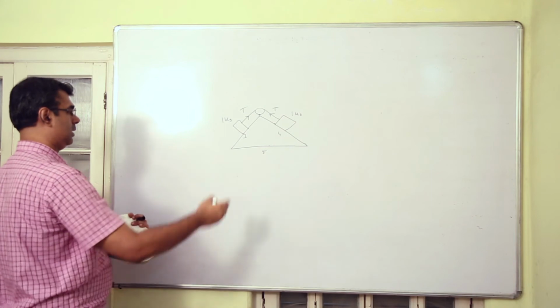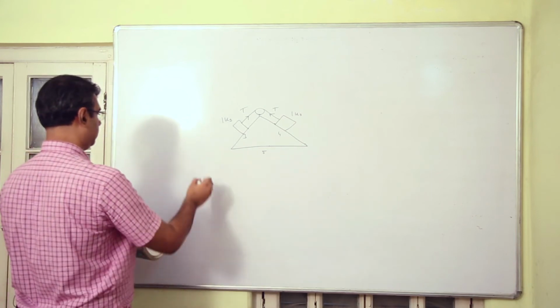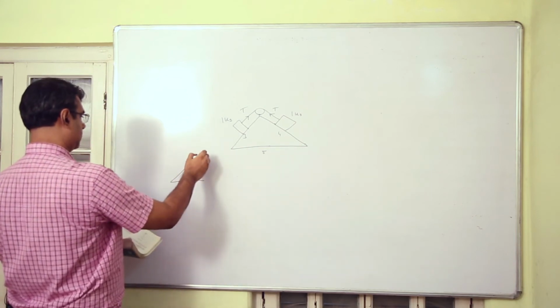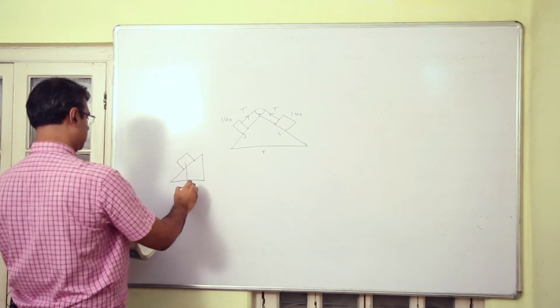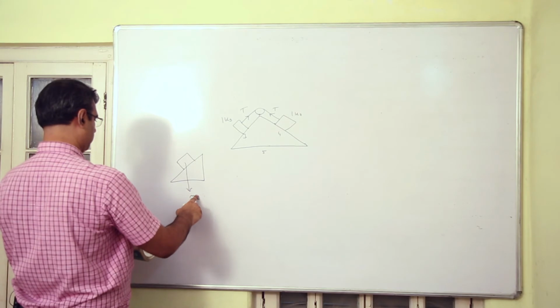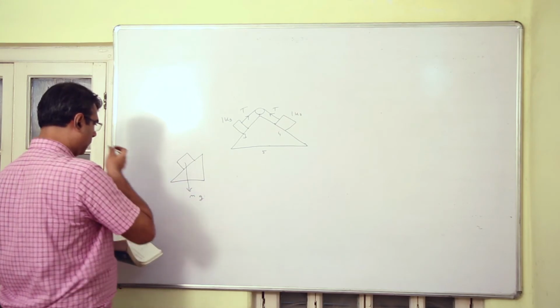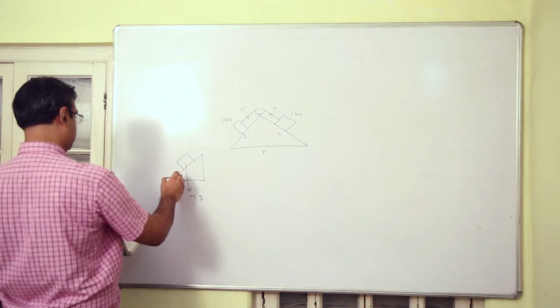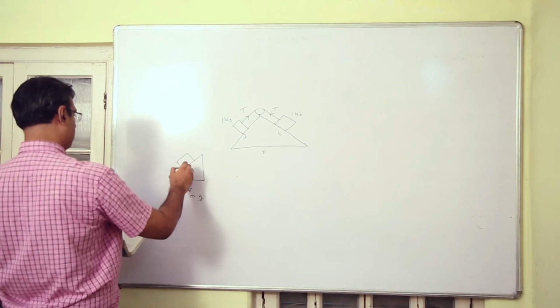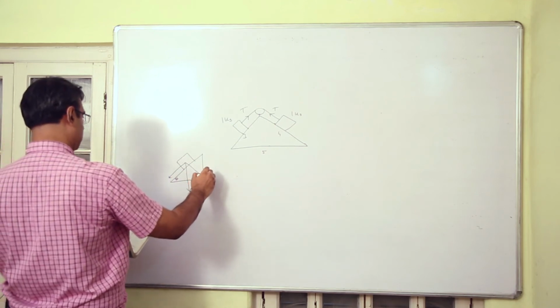Now before we start discussing the question, one fundamental thing has to be discussed. In any inclined plane, the block which is kept on the plane, let us say this block has a mass of m, so the weight of the block will be mg. So the weight of the block will have two components.